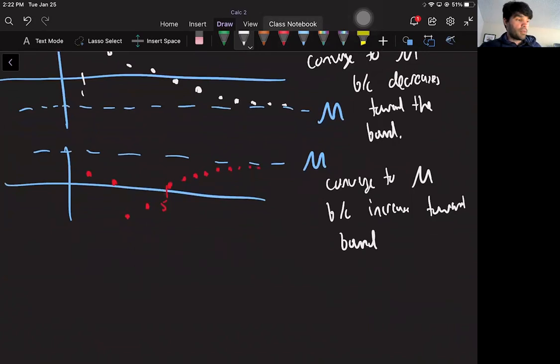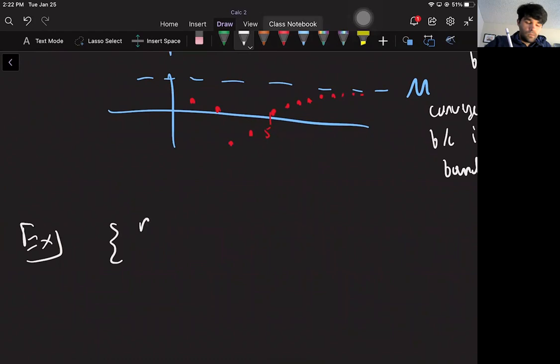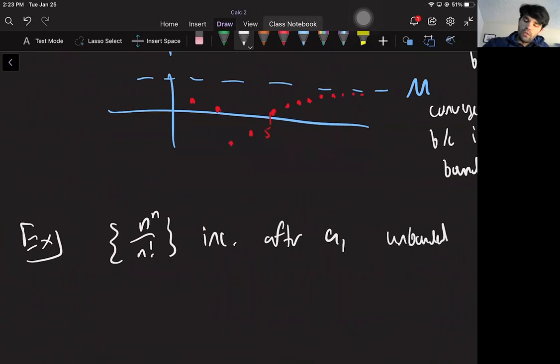So in the examples that we've done, for example, we did this one, but it was increasing after A1. This one is actually unbounded. So it doesn't matter that it's increasing, it's going to still diverge.